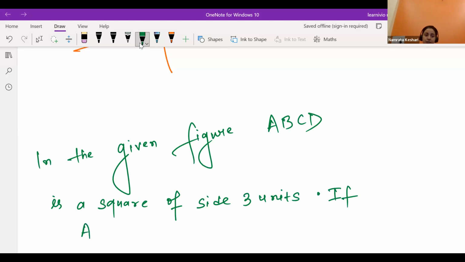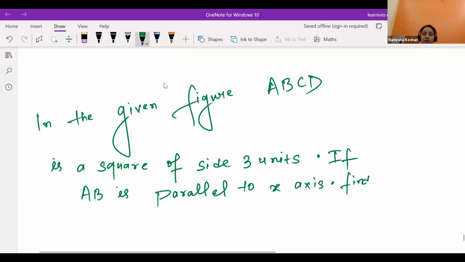If AB is parallel to the x-axis, find the coordinates of the remaining vertices.